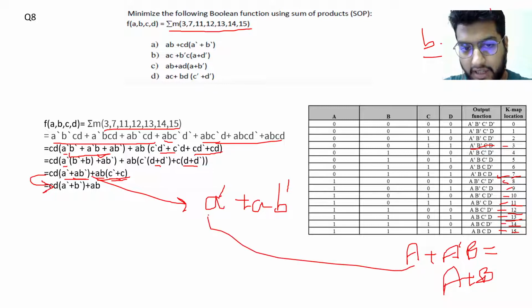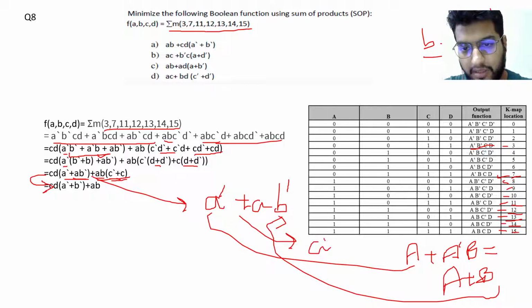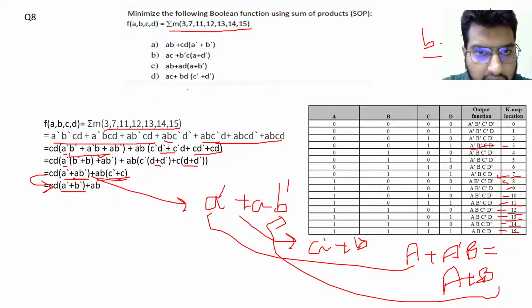Here a is a complement and b is b complement. So the reduction of this thing will be a complement plus b complement. That's what I have written here. So my final expression will be c d, a complement plus b complement plus a b. I think this is option A. So question number 8 will have option A as the correct answer.